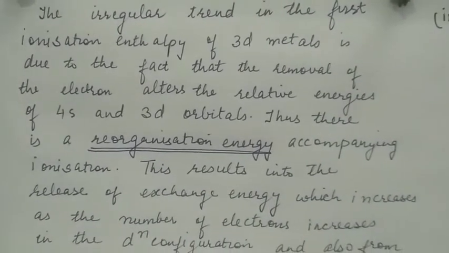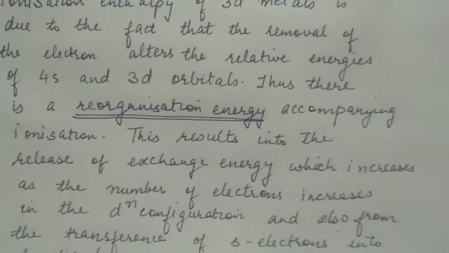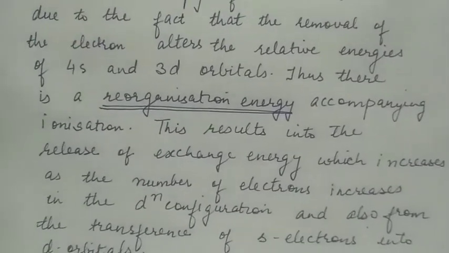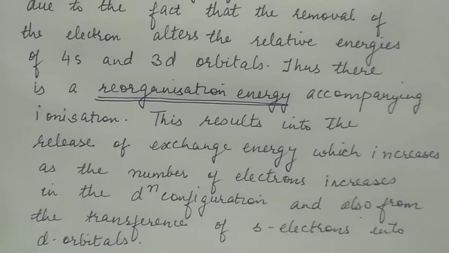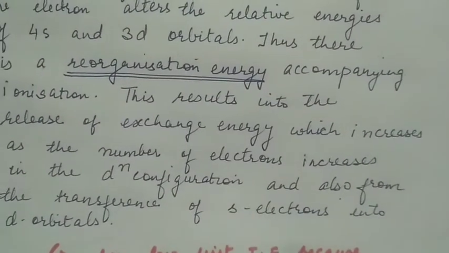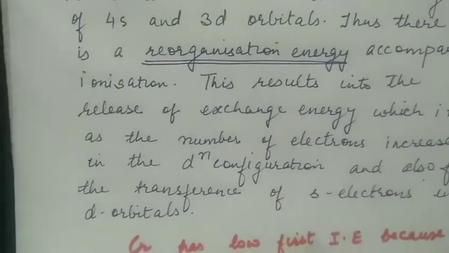There is a reorganization energy accompanying ionization. This results in release of exchange energy, which increases as the number of electrons increases in the d^n configuration, and also from the transference of s electrons into d orbitals.